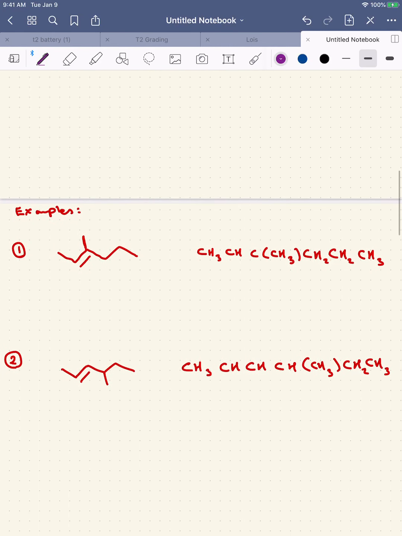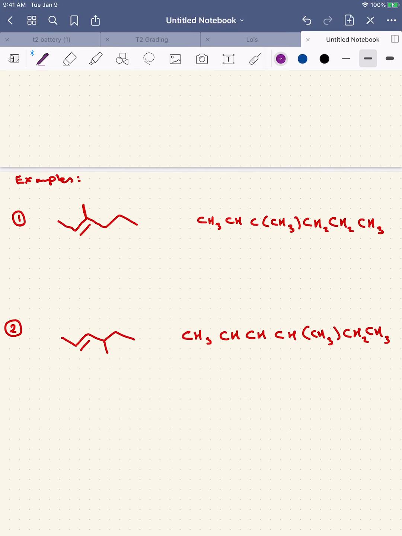To have a few more examples, you could also have a branch on an alkene with a double bond. Then again, to number them, I go to the double bond and say this is my carbon 1, carbon 2, 3, 4, 5, 6. And I also spelled out the structure here. Now what would you name it?